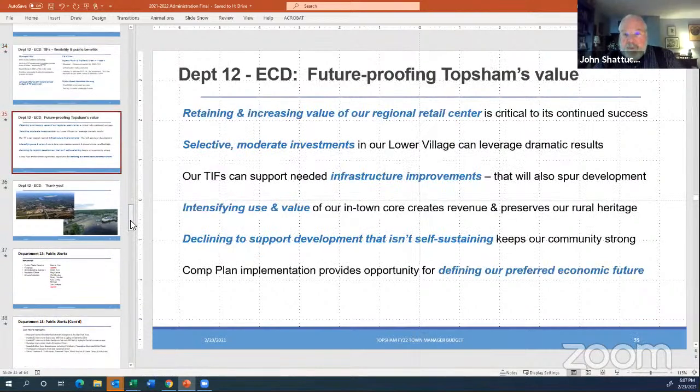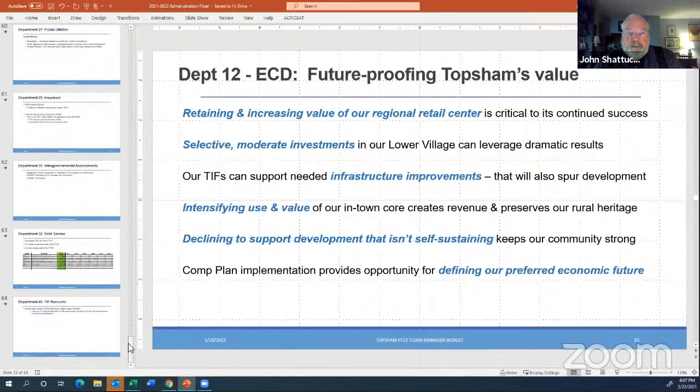And this is just the basic strategies that we've employed year in and year out in terms of how we pick and focus our projects to make sure that our investments survive a changing reality around things like bricks and mortar retail, and enhancing the value where we already have infrastructure.